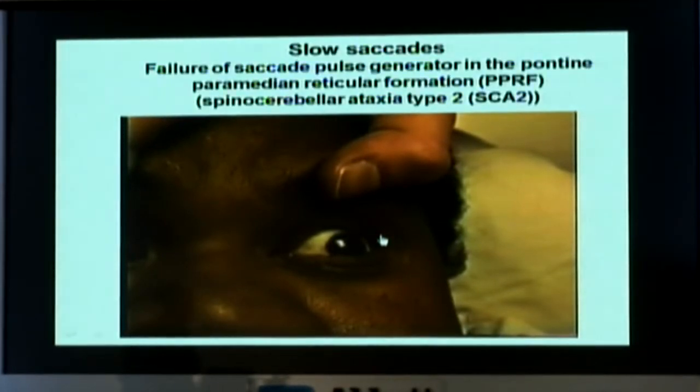Pontine paramedian reticular formation. This is a disease of neurons in the PPRF, burst neurons that generate saccades. And this patient has a common form of spinocerebellar ataxia type 2, in which saccades are very slow. So examining saccades in this patient allows you to pinpoint the diagnosis.